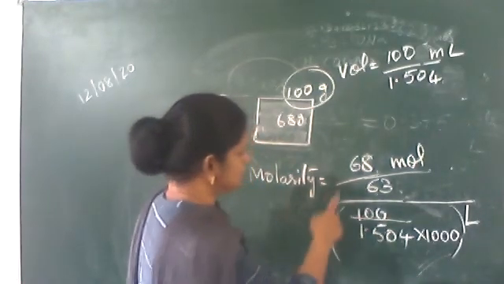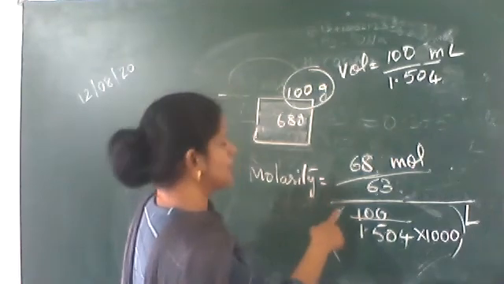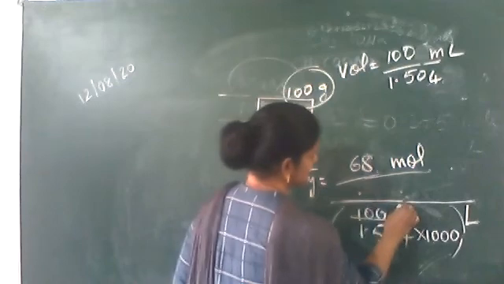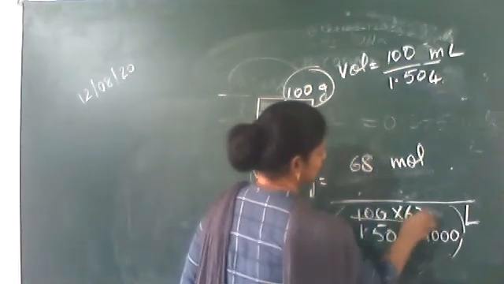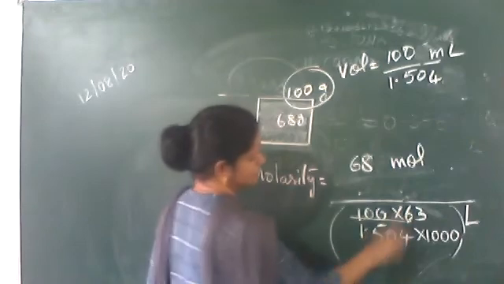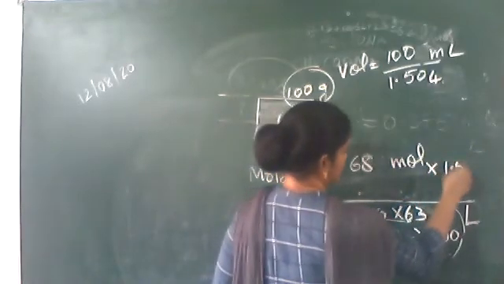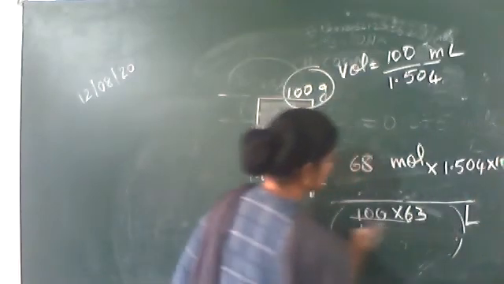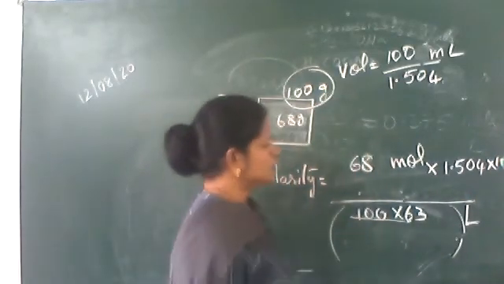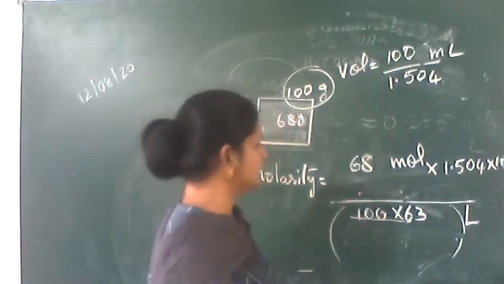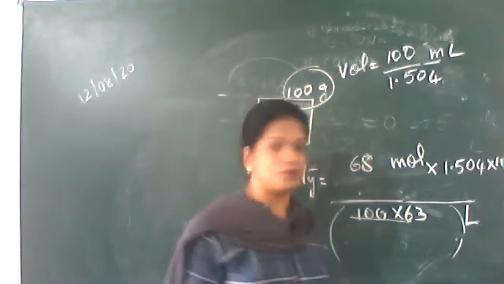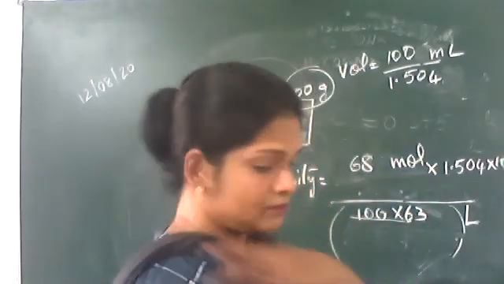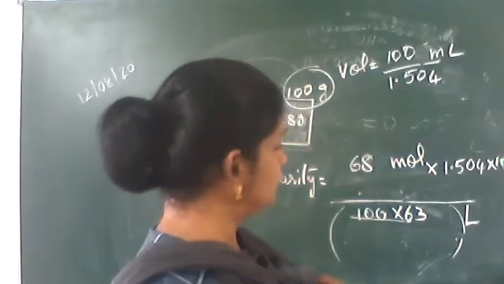So 63 will be coming in the denominator, and these things will go up, that is 1.504 into 1000. All right, so this much is the molarity. 68 into 1.504.